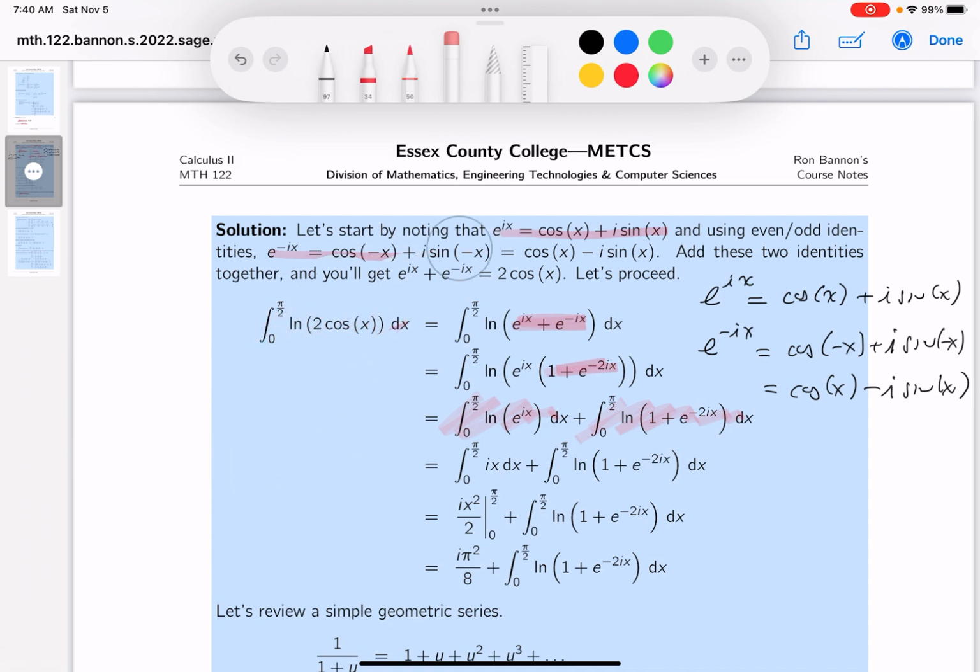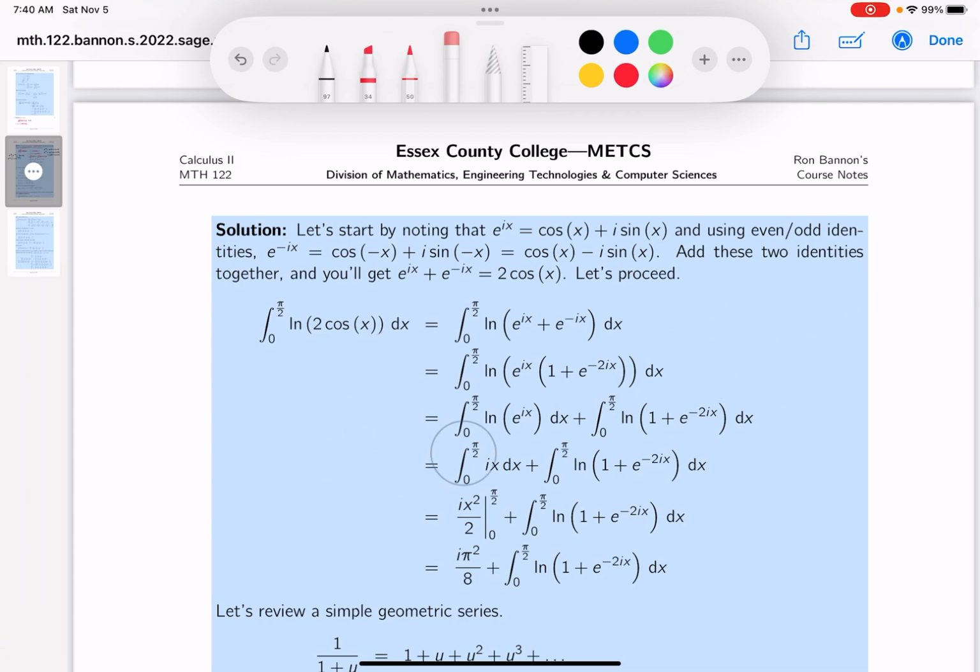Let me erase all this business over here, and we'll concentrate on one integration at a time now. The integration I want to concentrate on is this one, and that's a very easy integral to do. The natural log of e to the ix is simply ix.